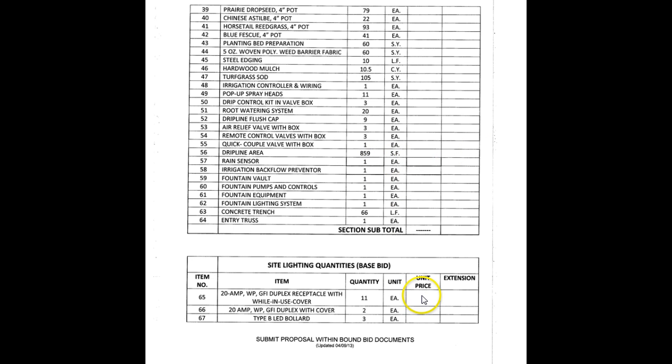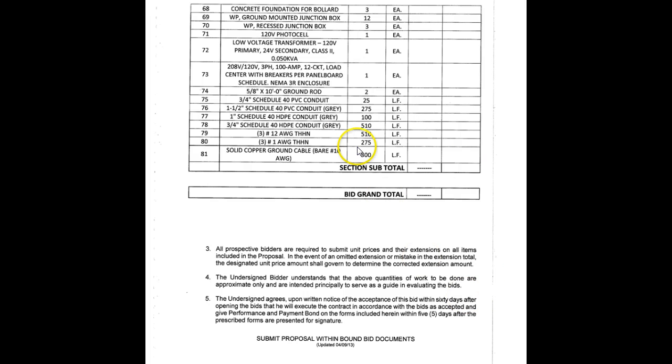Again, another section here, subtotal, and then items pertaining to site lighting. You're going to do subsection totals and then add the costs up, the bid grand total.